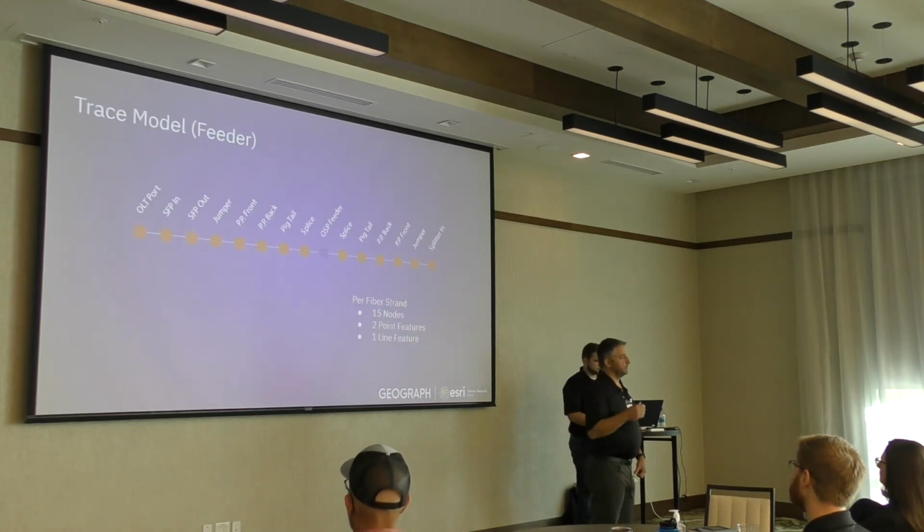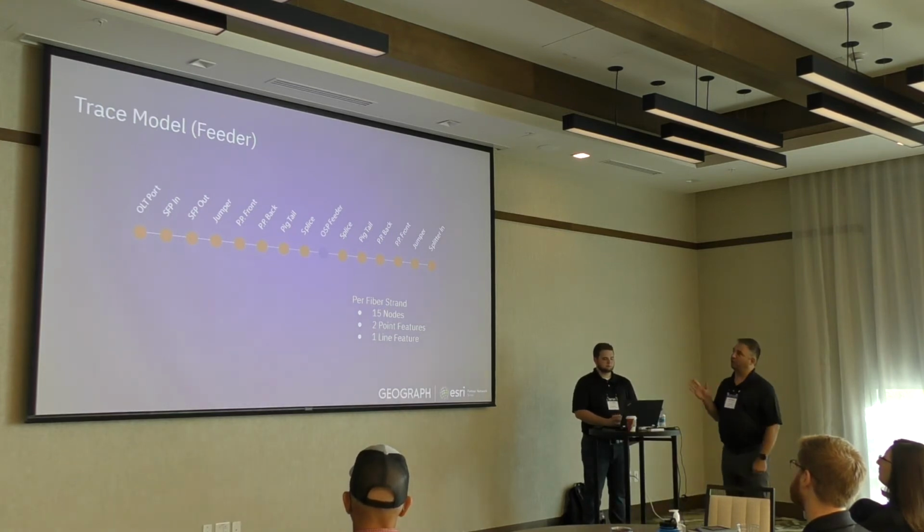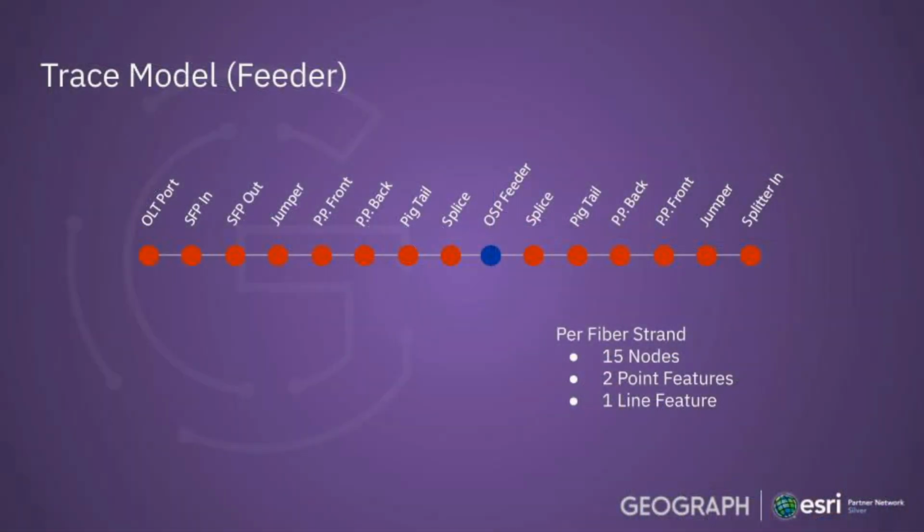So this is not the Brightwire data model, but what you're looking at here is what we mapped on a whiteboard as a trace model for a typical FDH. What you see here are nodes that are connected. The connected lines represent the relationship. The colors represent the feature.